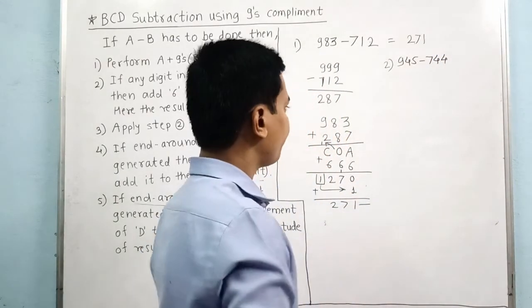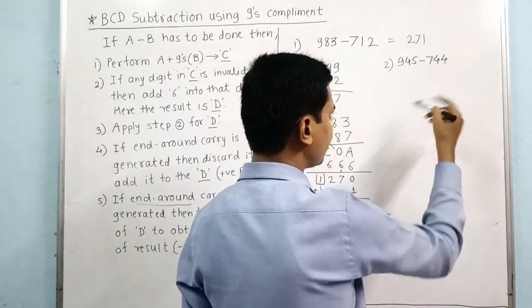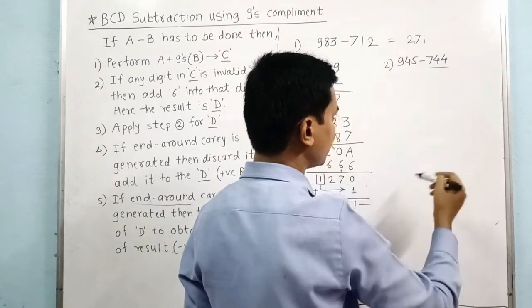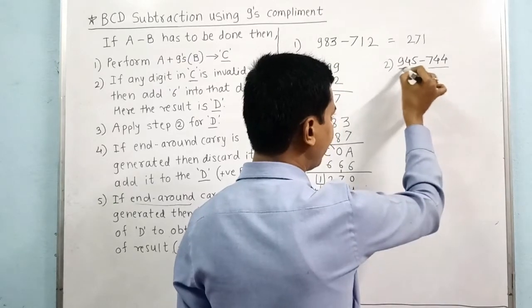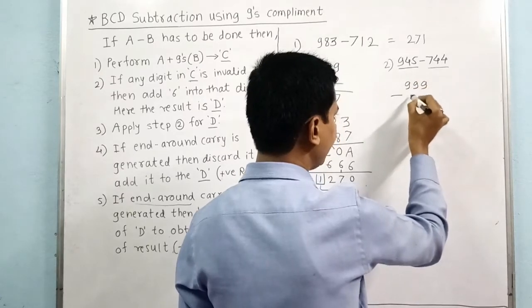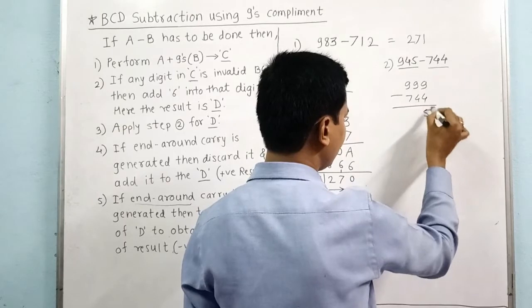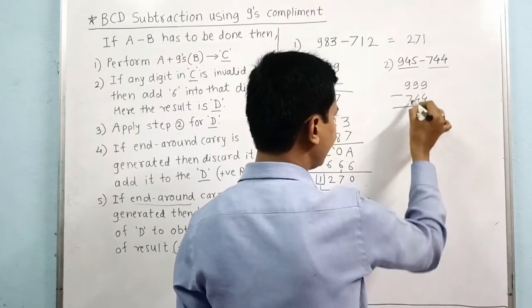We have to take the 9's complement of the subtrahend and add it to the minuend. So 999 minus 744: 9 minus 4 is 5, 9 minus 4 is 5, 9 minus 7 is 2.